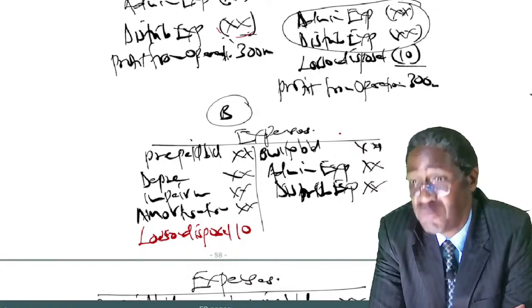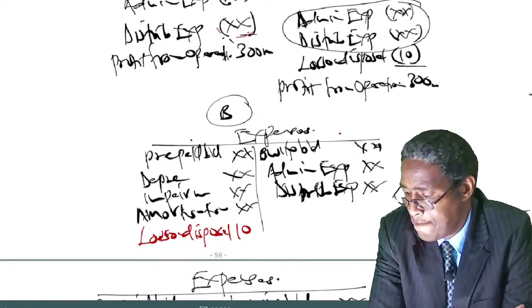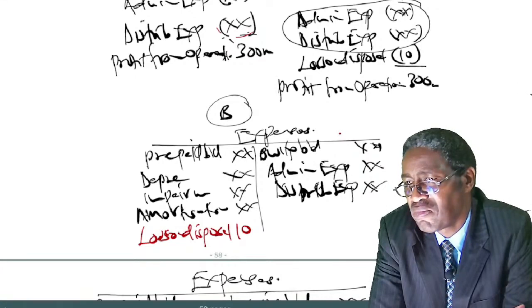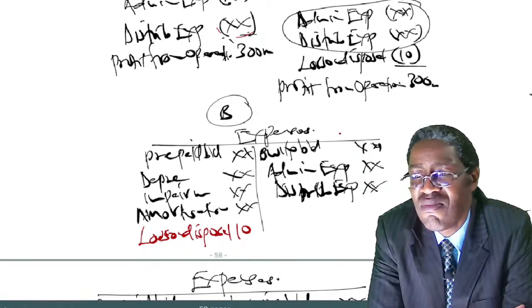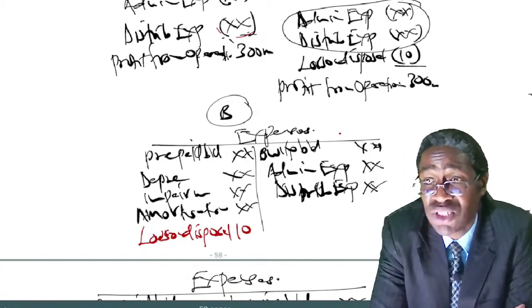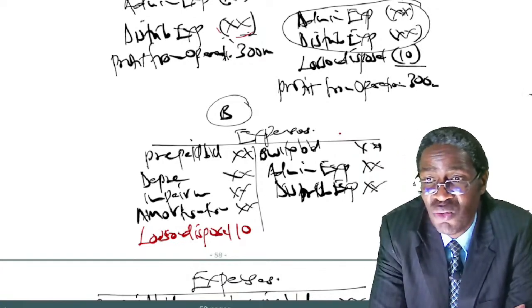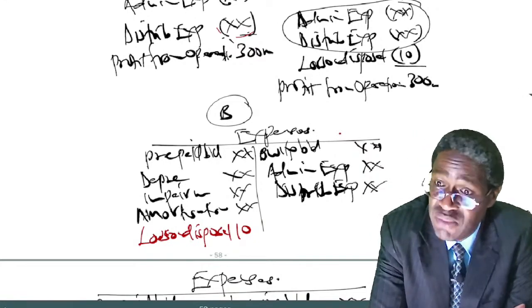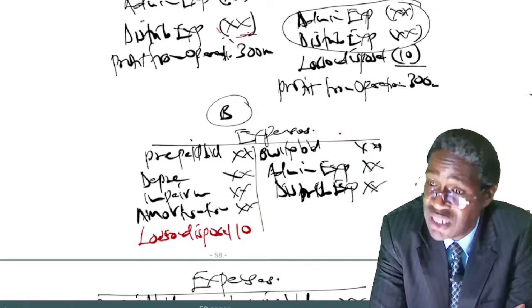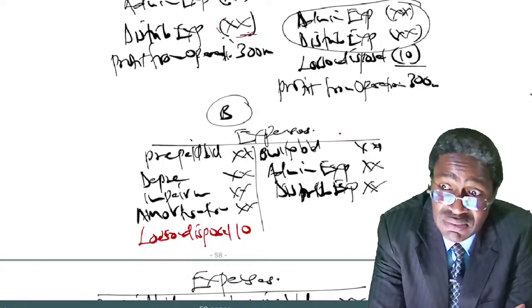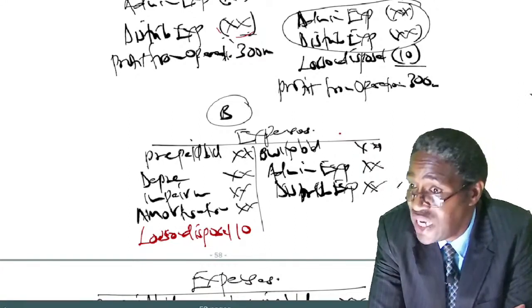For accountant B, I'm waiting. For accountant number B, will I come and remove the 10 million? As much as it's true, it's an uncashed item. Will I remove the 10?